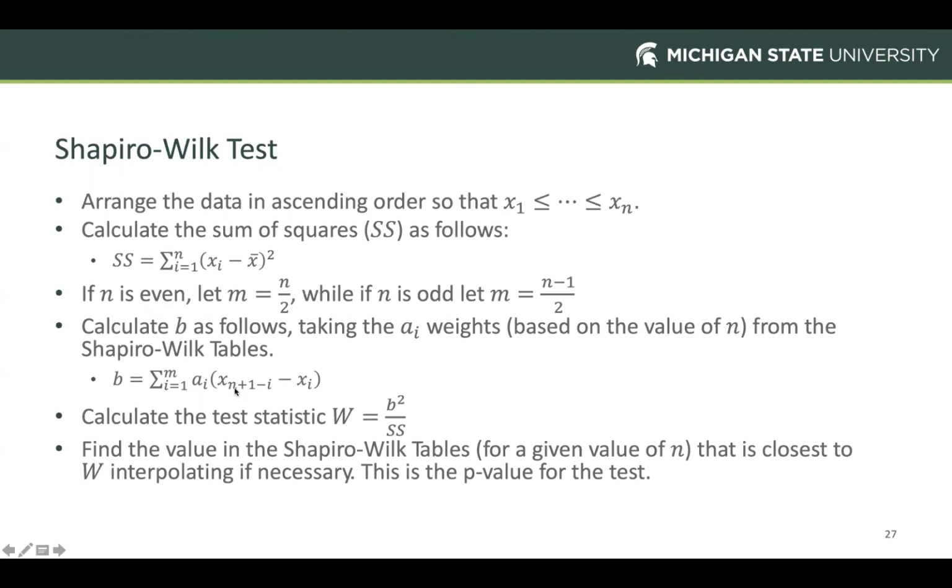So this would be our 100th or our largest sample. If this were x2, we would be taking the difference between x99 and x2, x98 and x3, and so forth and so on, okay?